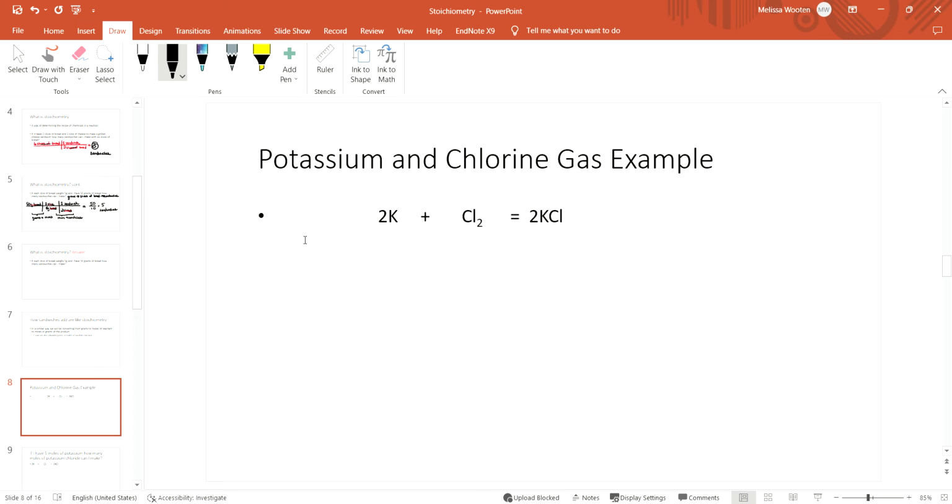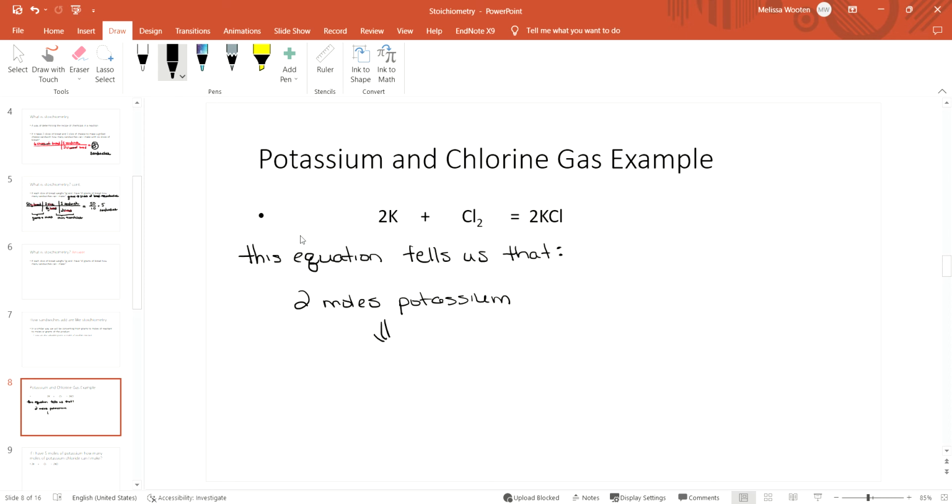So this equation tells us that you need 2 moles of potassium combined with 1 mole of chlorine gas to make 2 moles of potassium chloride.